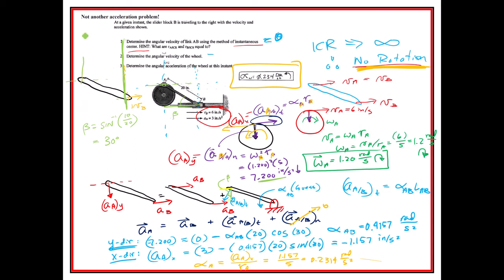So its line that would pass through the ICR has to be right there. And because they go together, because they never touch each other, that means the ICR has to be infinite. And the only way that could possibly happen is if the thing is in pure translation. And therefore, there's no omega. Omega has to be 0. Does that make sense, Nick?